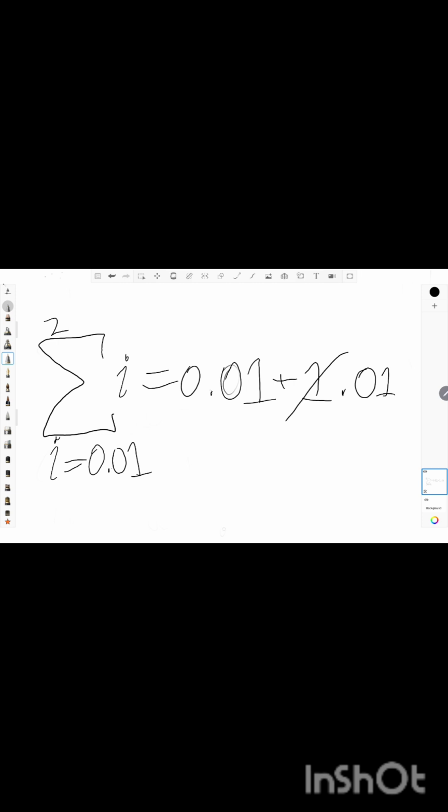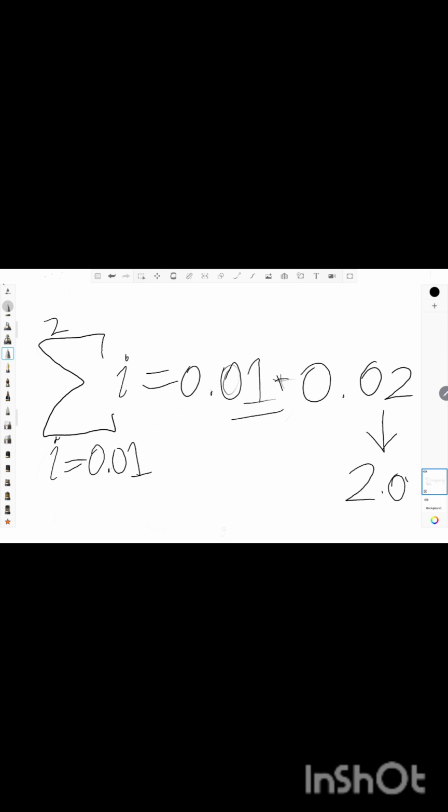But no, that is not how things are. We add 1 to every term of where a value is in the index. So the only value we can see here is 1. So the next value is going to be 0.02. This will keep on going until it reaches 2 or 2.00, which is a pretty long chain, like 200 digits, for example.